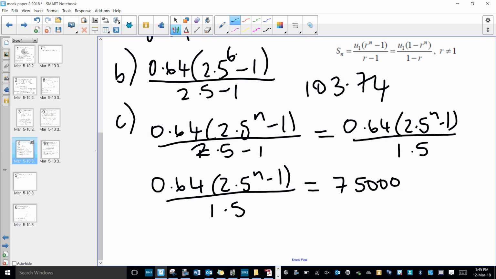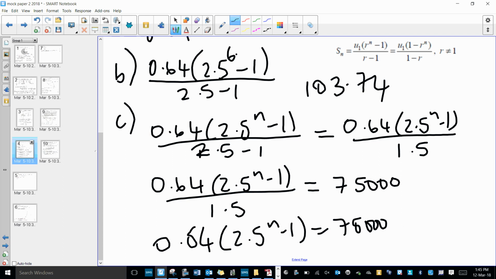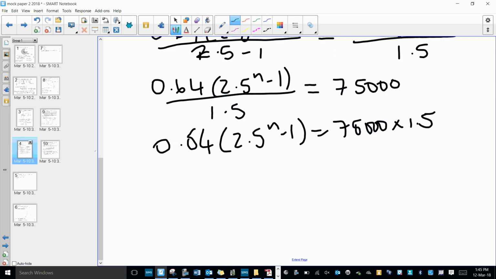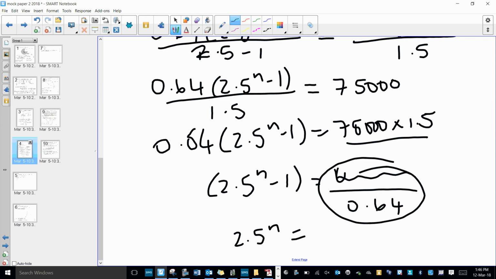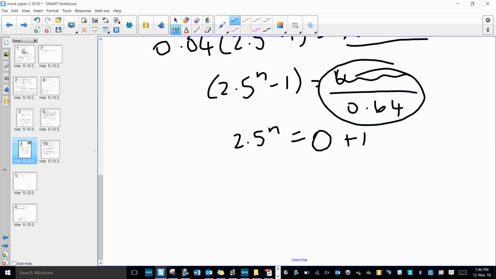Okay, lots of different options here. None are better than the others. You can just multiply, so you can have 0.64 times 2.5 to the n minus 1 equals 75,000 times 1.5. Then you can divide by 0.64, then you can add 1, so 2.5 to the n equals all of this plus 1, and then you can take logs of both sides.